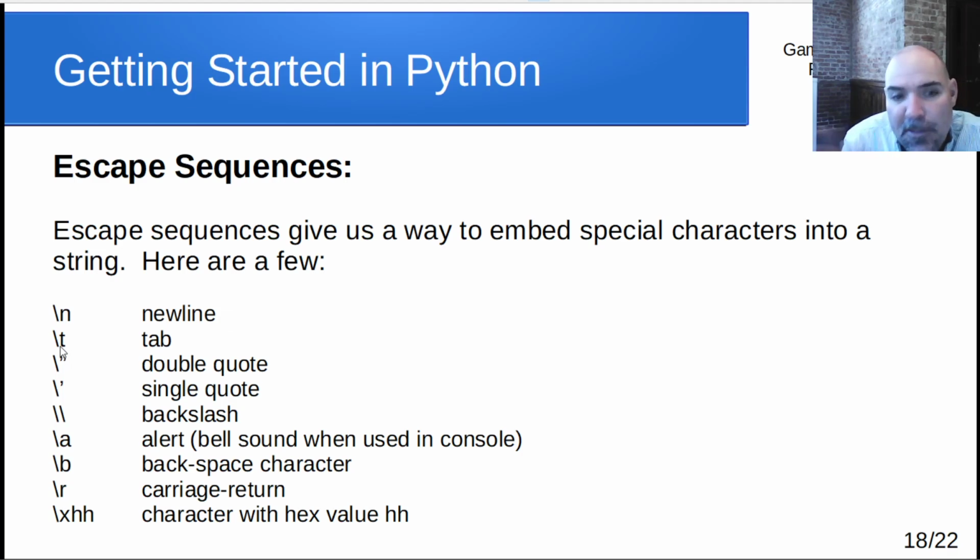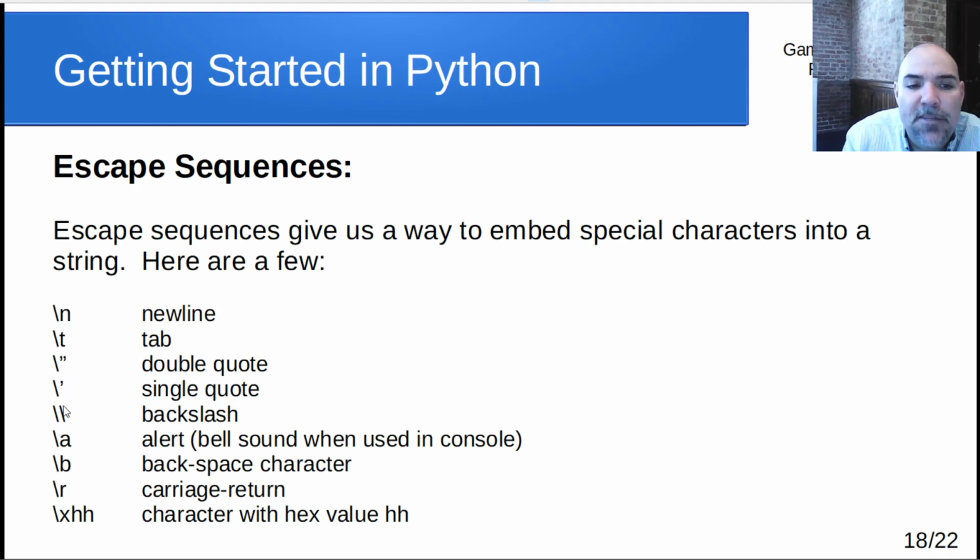\t moves something over to the next tab stop. It can be useful for aligning things when you print them out. \ followed by a double quote will print a double quote, and that could actually be inside of double quotes just fine. The reason it's called an escape sequence is that when it's printing something and comes across a backslash, rather than printing a backslash, it says, oh, this is a special character meaning that we want to insert something.